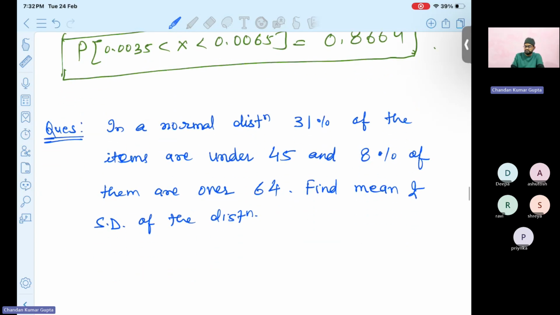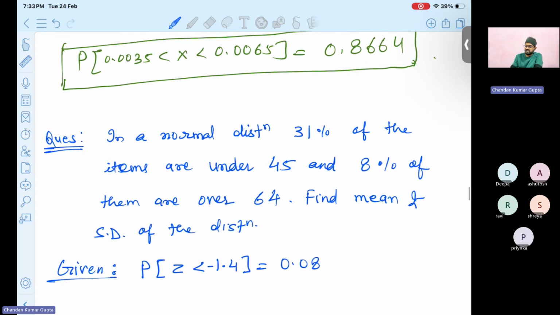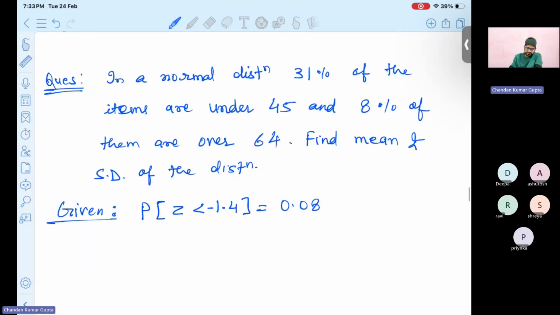Some values are already given in the question, so we can use those directly. The probability that z is less than minus 1.4 comes out to be 0.08. And the probability that z is greater than 0.5 comes out to be 0.31. These can also be seen from the table if you want.